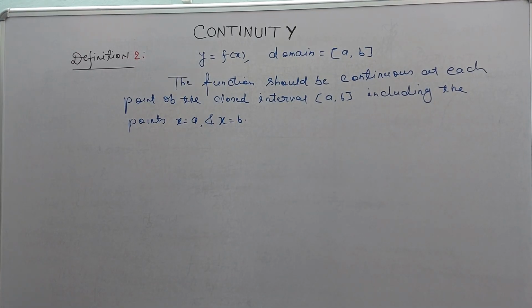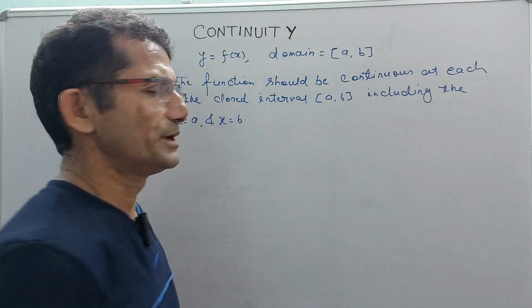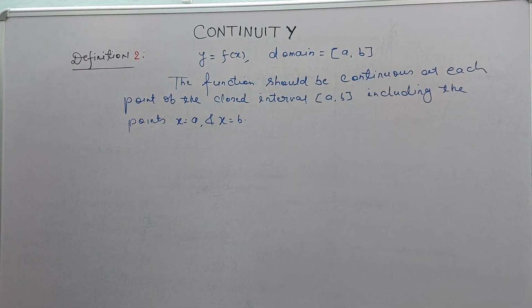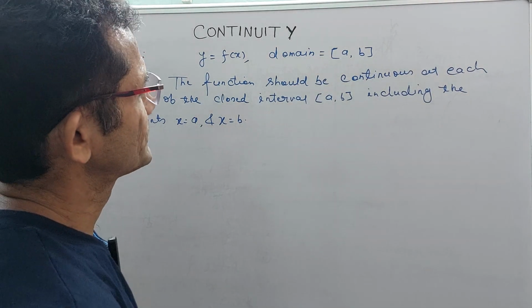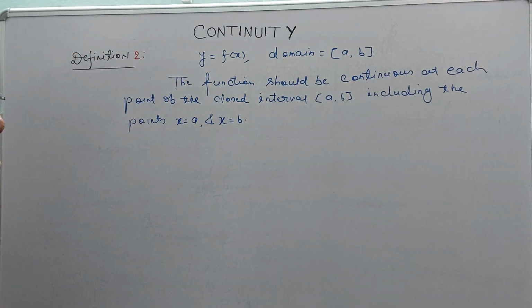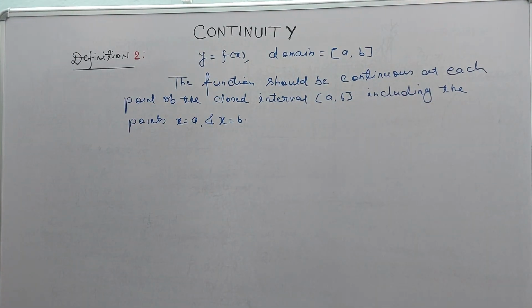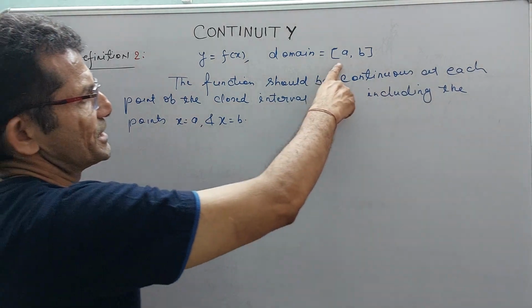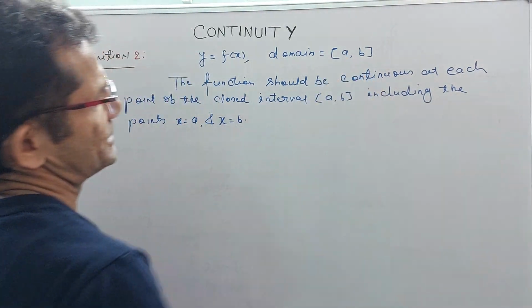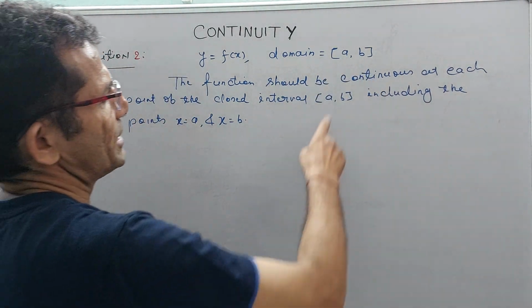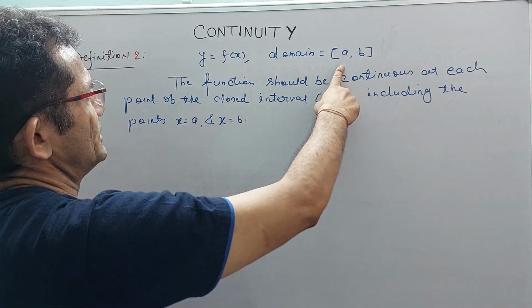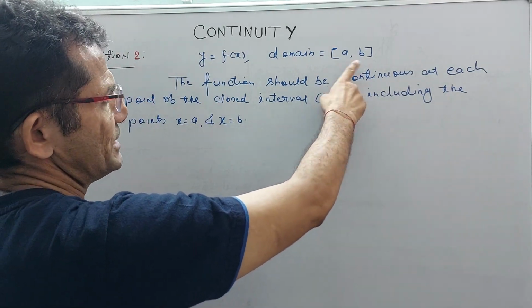Between a and b, we are already clear from definition one. For continuity there should be left hand limit equal to right hand limit equal to the functional value. So between a and b there is no problem. The problem we have is how to find the continuity at a and b.